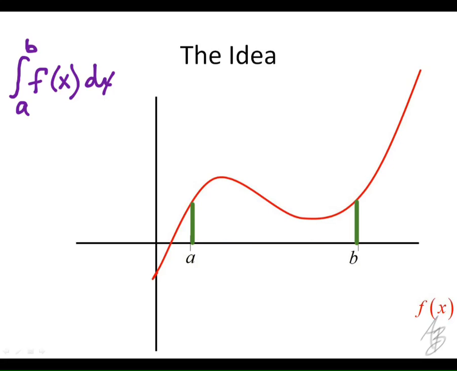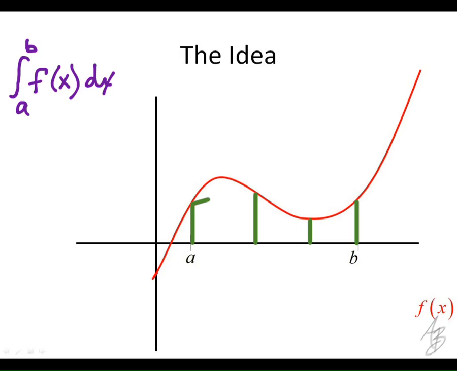Now we want to approximate that area using trapezoids. I'm going to use a small number of trapezoids, so a large width, just to demonstrate what we're doing here. Let's say we split this region up into 3 intervals of equal length.